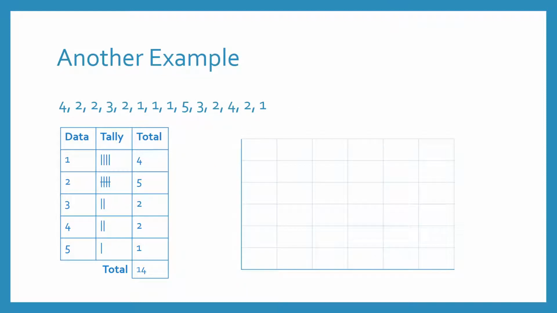We have here an example. Would somebody like to come and help us with this one? Rihanna, for volunteering, you may come up. Thank you. So we'll put our data down the bottom. 1, 2, 3, 4, 5, 6. We'll put our total.